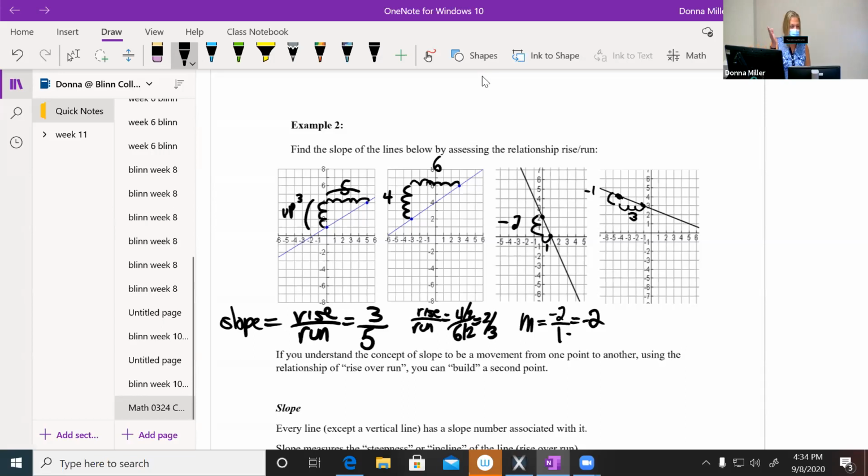All right, so my rise is -1, my run is 3. And there's my slope. Okay. You notice the bigger the number, like the -2 is much steeper than -1/3, right? So the bigger the number, the steeper the line.